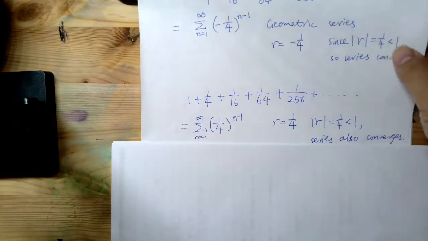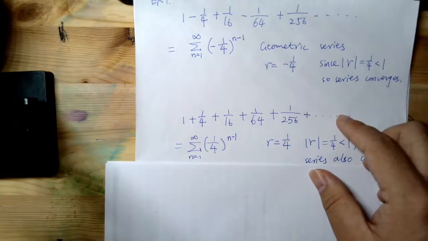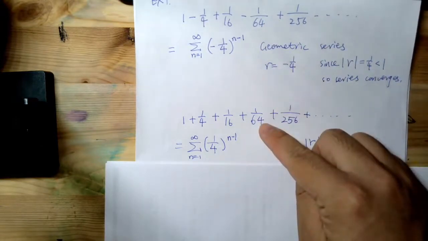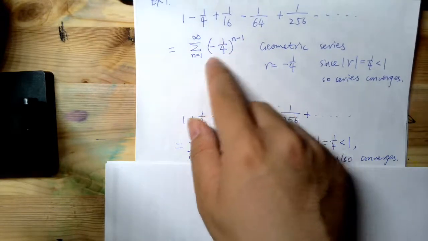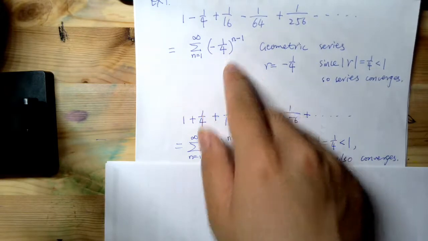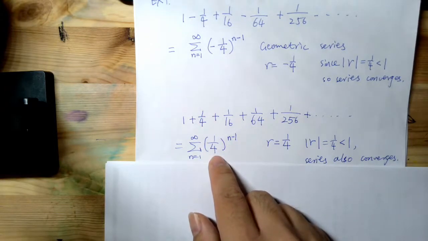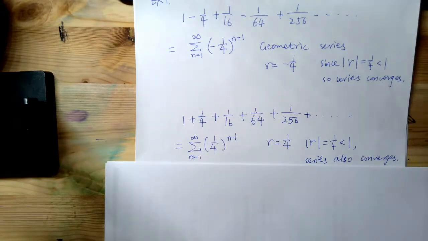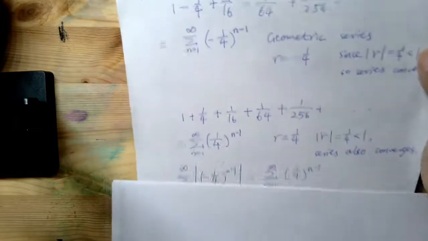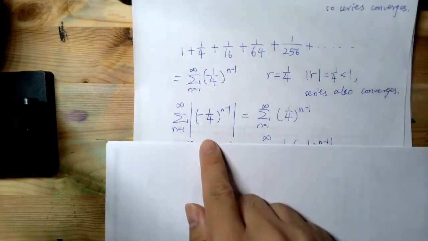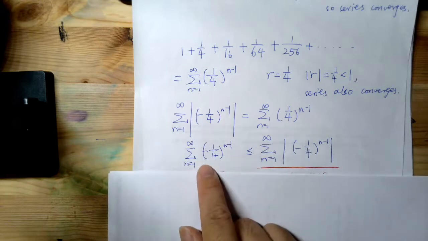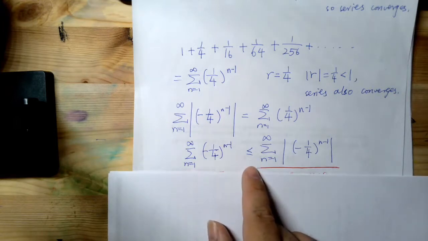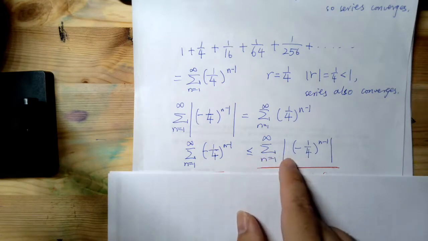But I would like to let you know a little comparison from this one to here. What I did is I actually put an absolute value on my a_n. So this is the absolute value series for my first series here. Not only that, we can also conclude that my original series is less than or equal to the absolute value series, right?